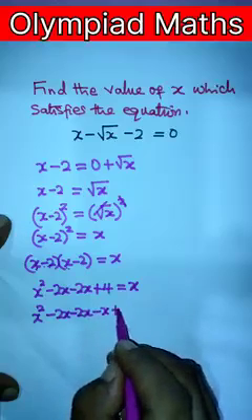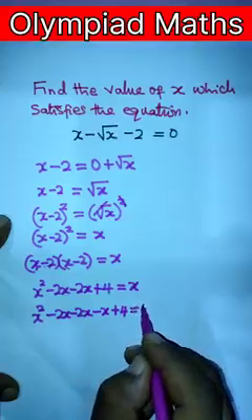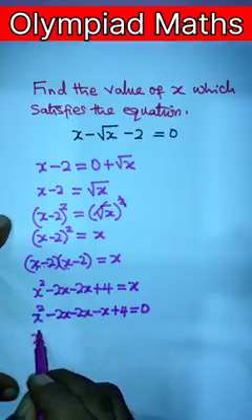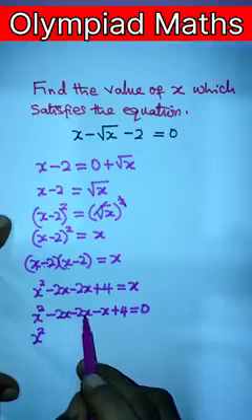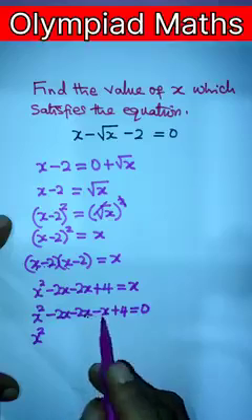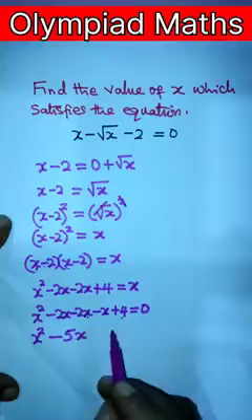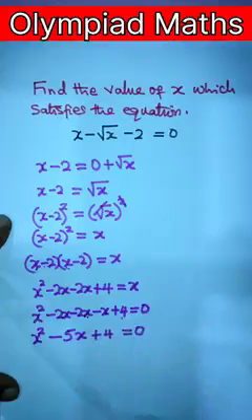Then plus 4 equals 0. This will give us x squared, minus 2x minus 2x is minus 4x. Minus 4x minus x will give us minus 5x. Then plus 4 equals 0.